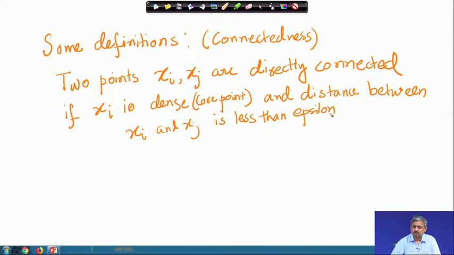Okay. So, this is direct connection. Clear? So, xi is directly connected to xj if xi is dense and xj is within epsilon of xi.